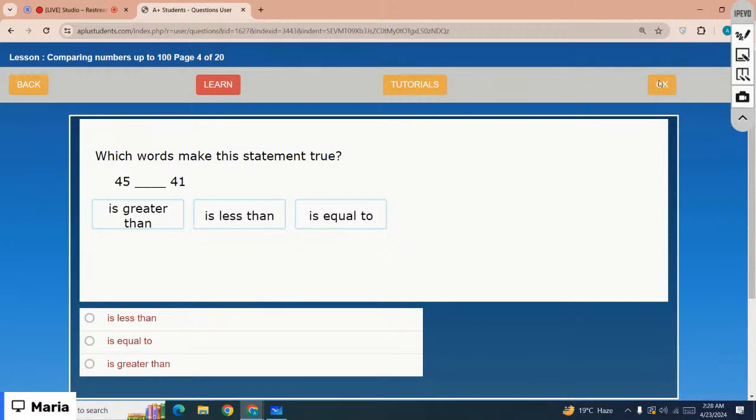When you count, 45 comes after 41, so 45 is greater than 41.